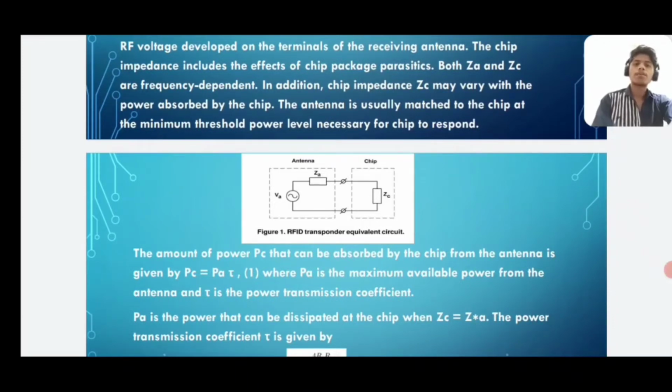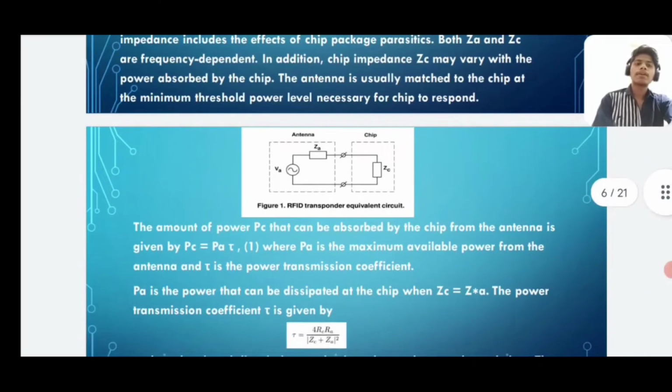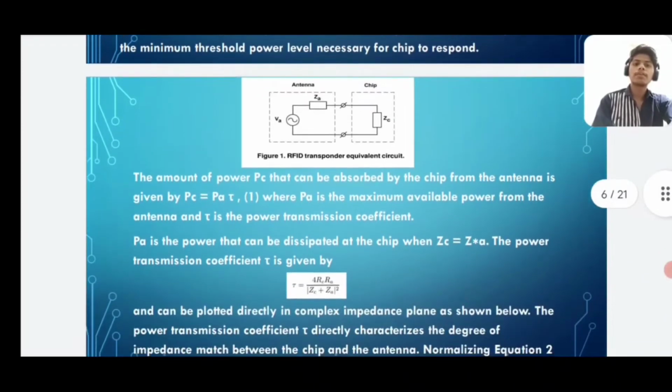The amount of power PC that can be absorbed by the chip from the antenna is given by PC equals PA times T, where PA is the maximum available power from the antenna and T is the transmission coefficient.